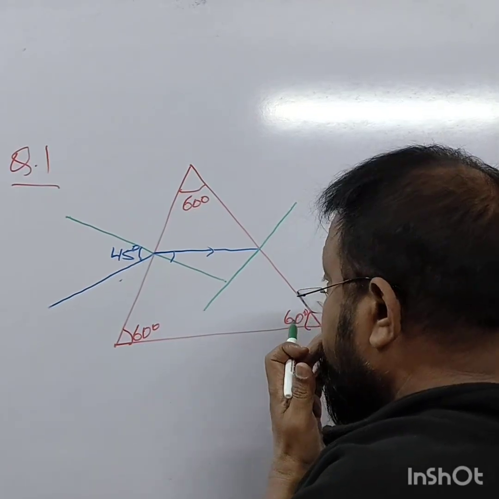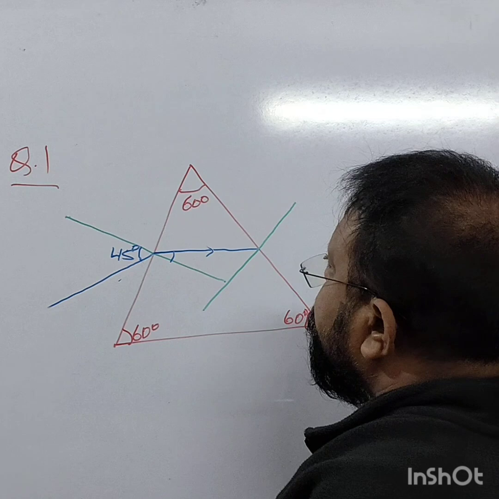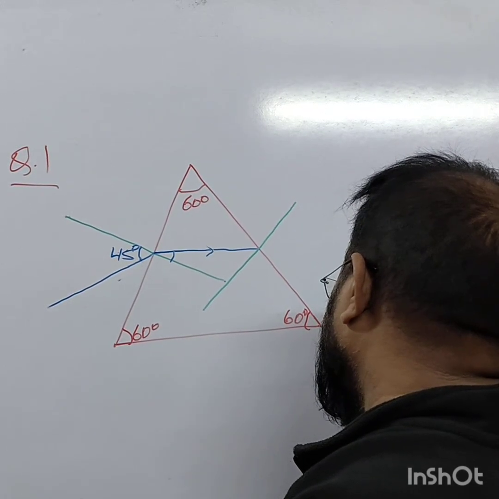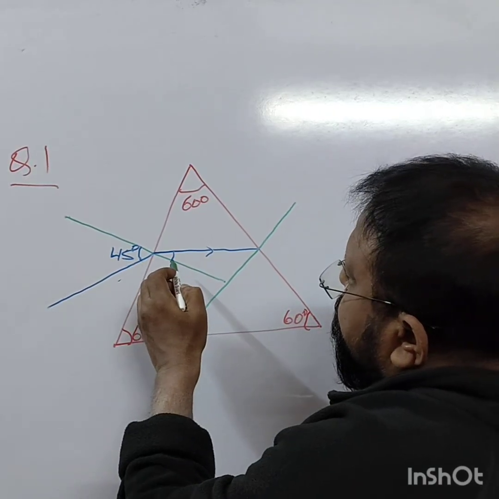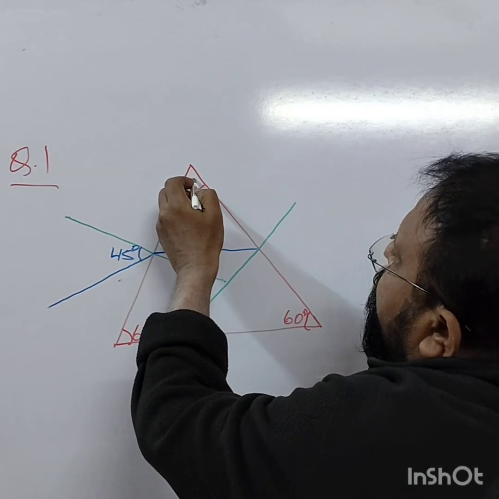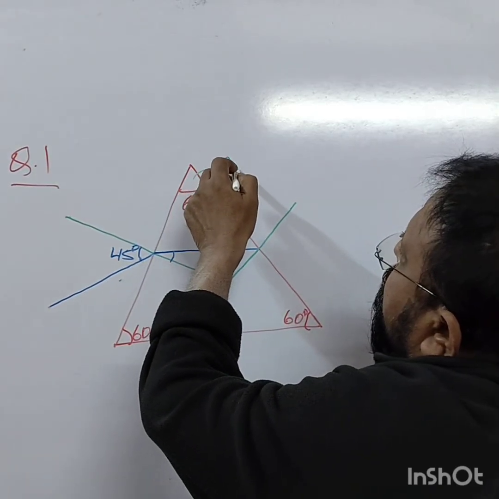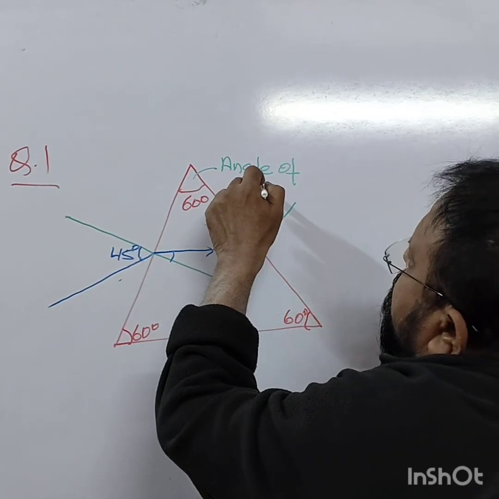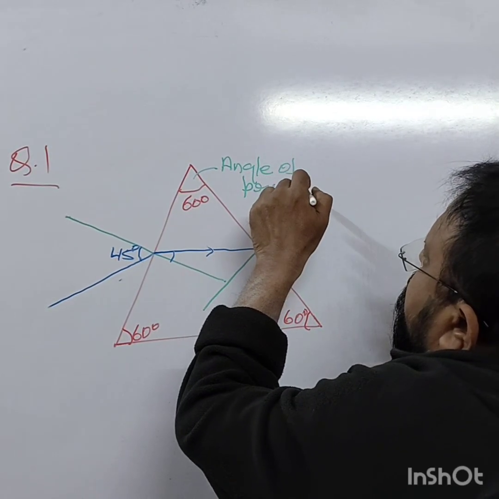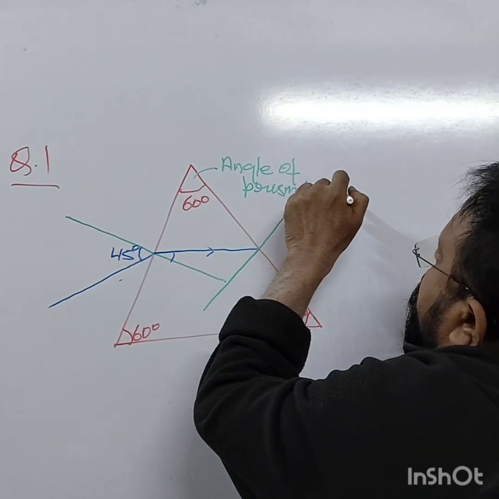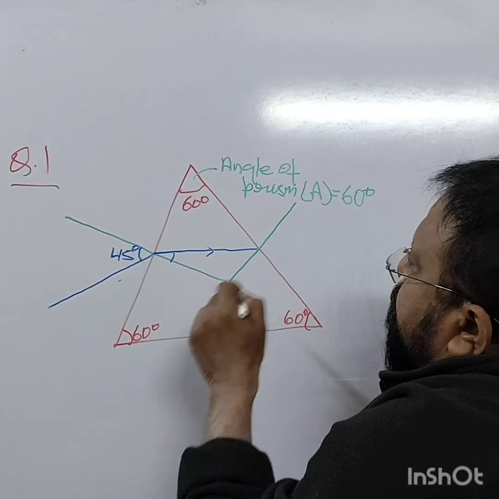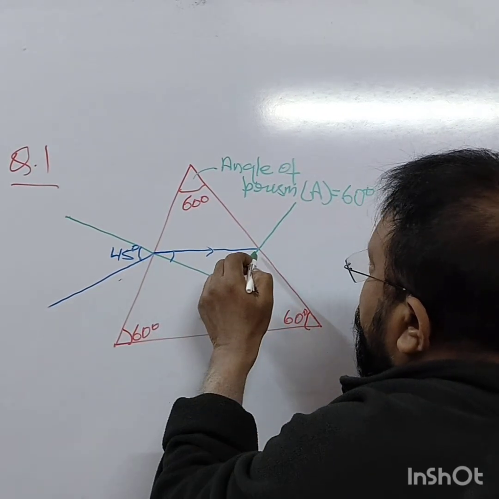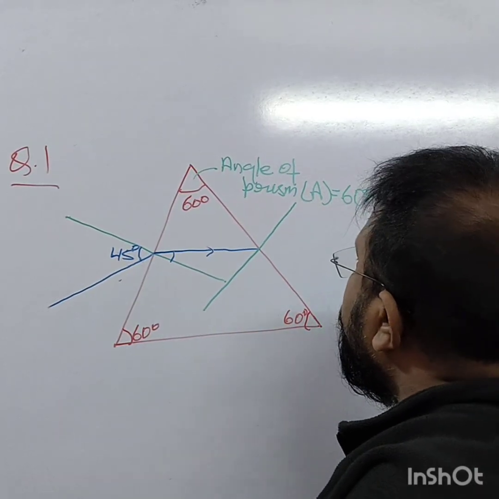So the angle of prism is how much? A is equal to 60 degree, and this is the light ray, and ये emergent हो जाएगी.